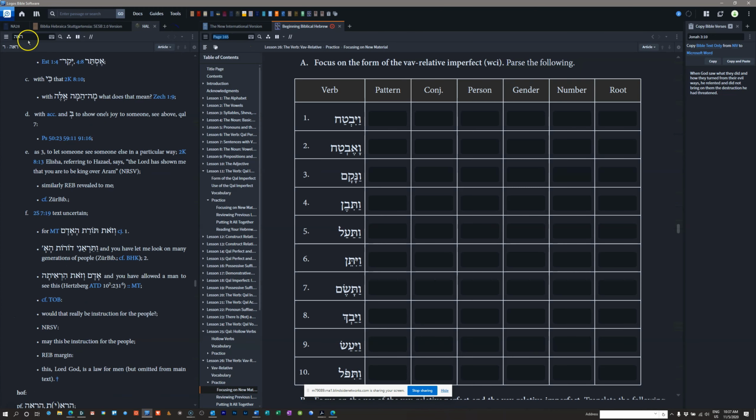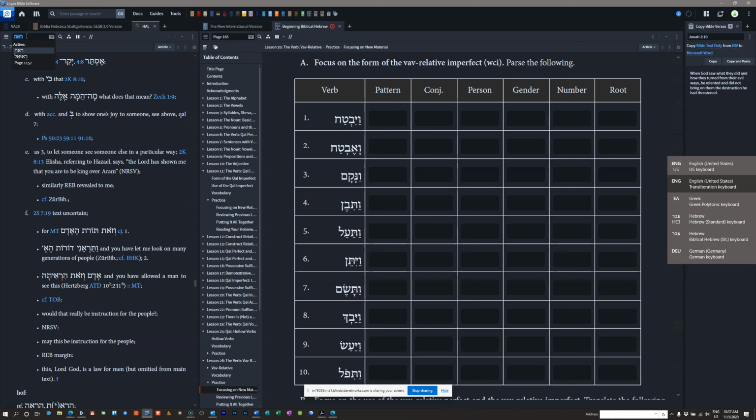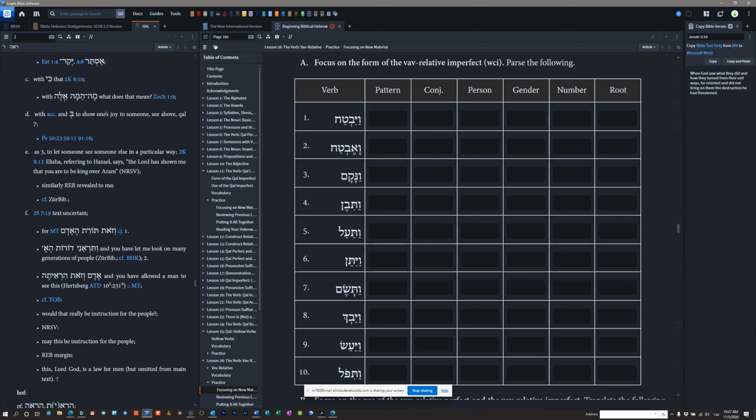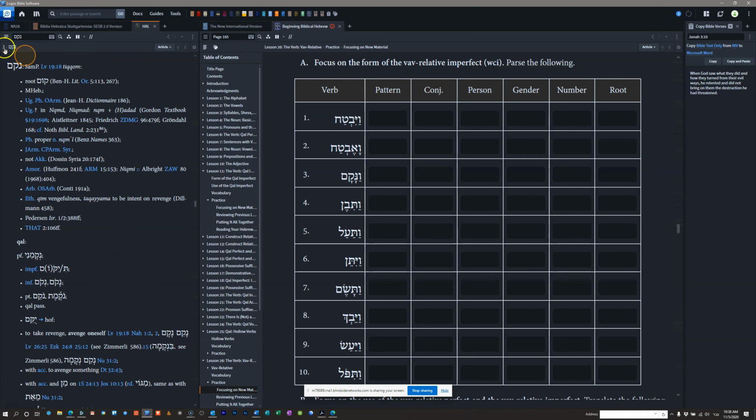Bring this over here. Type down Nun Qof Mem. Okay. Huh. I get a root here. And let's see, in the qal, which I would think qal, because I've got a qamets in R1, but qal should be qamets patach.